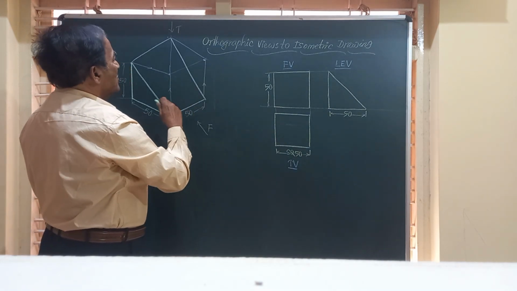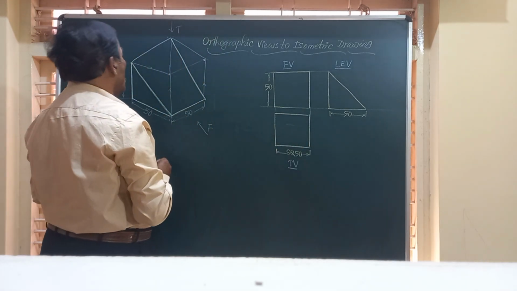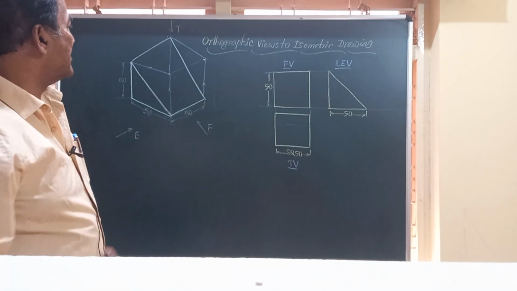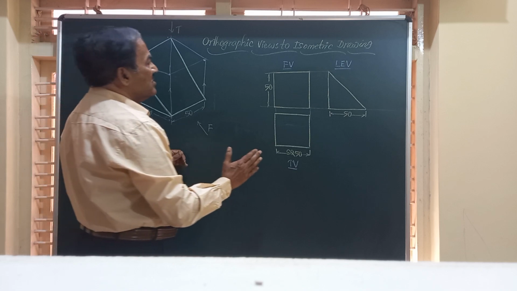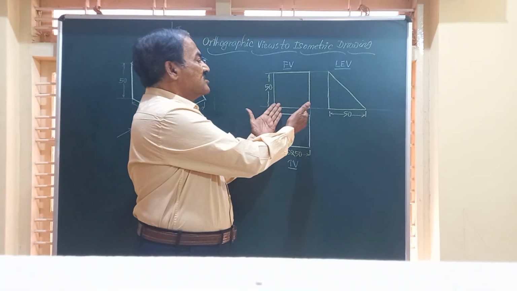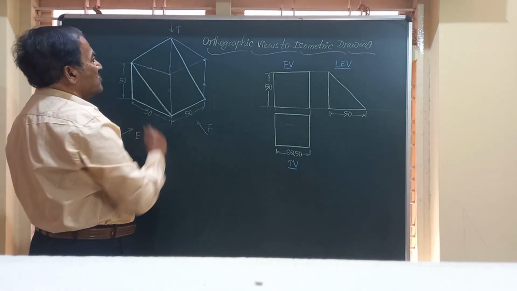So friends, you are going to have one more line like this. After completing these projections, there is the isometric drawing of the solid, wherein we have drawn this figure using the actual dimensions given in the orthographic projection. This is how we are going to get it.